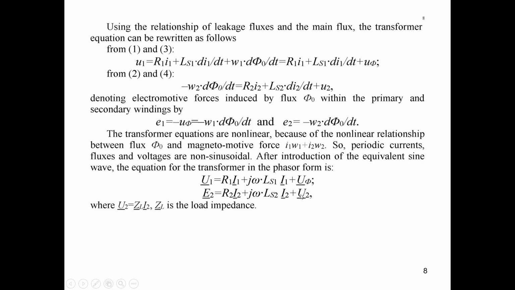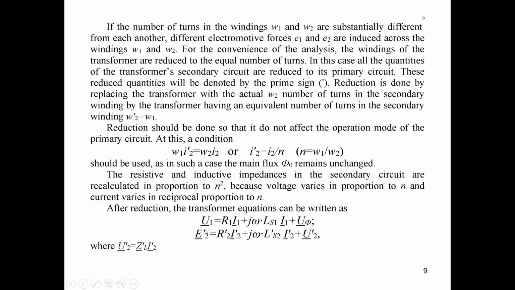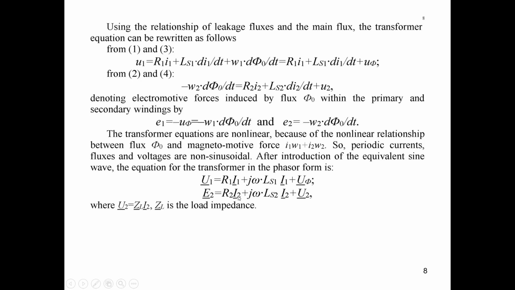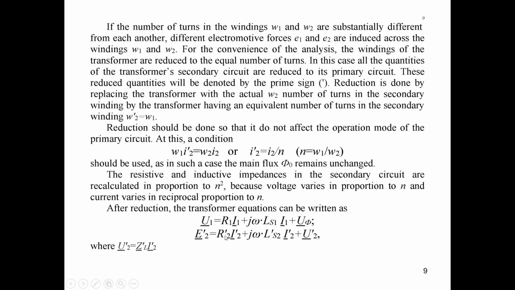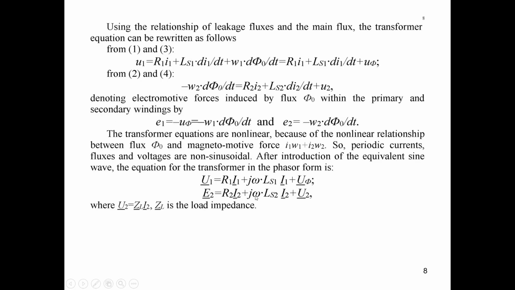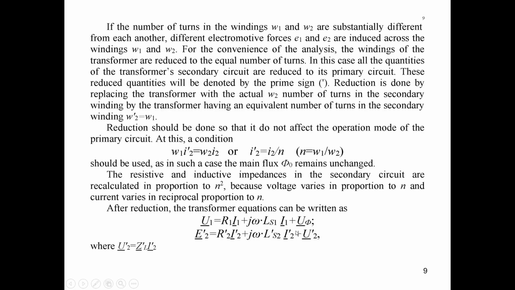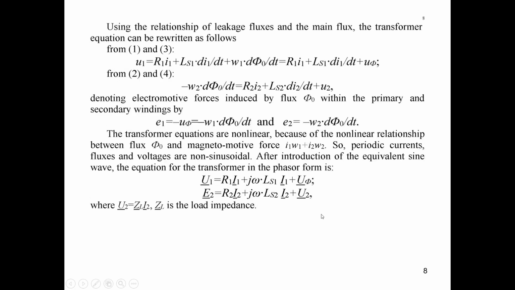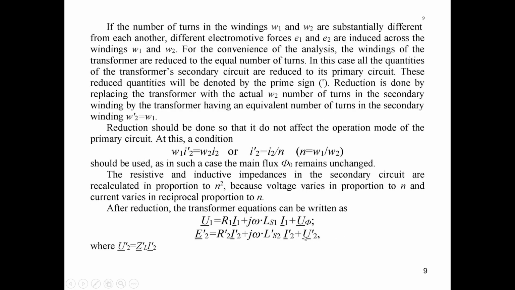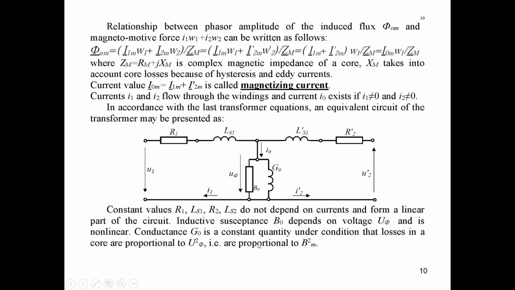You see, we have here U2 prime equal to R2 prime I2 prime plus j omega LS2 I2 prime, where the prime signs denote the reduced quantities. And here U2 prime equal to ZL prime multiplied by I2 prime.